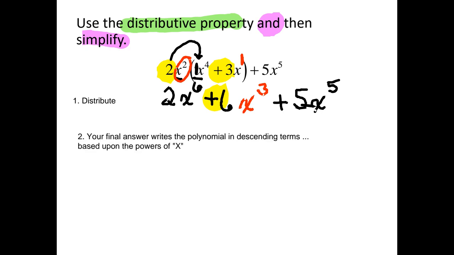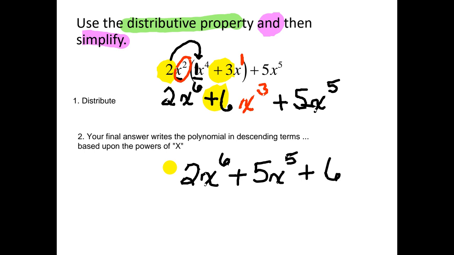So, your final answer will be 2x to the 6th plus 5x to the 5th plus 6x cubed. This is your final answer with descending terms.